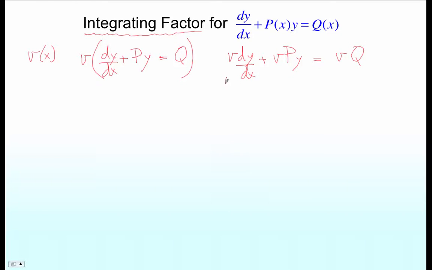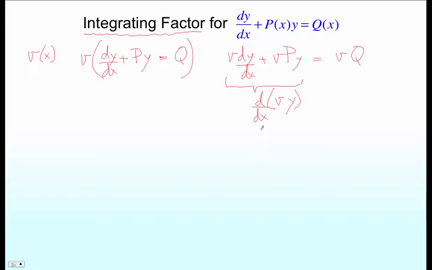Now I'm going to require that this be equal to d by dx of v times y. So this is the requirement that will determine v ultimately. We'll come to that shortly, finding v. But suppose that there is such a way of writing what's up above in this manner.